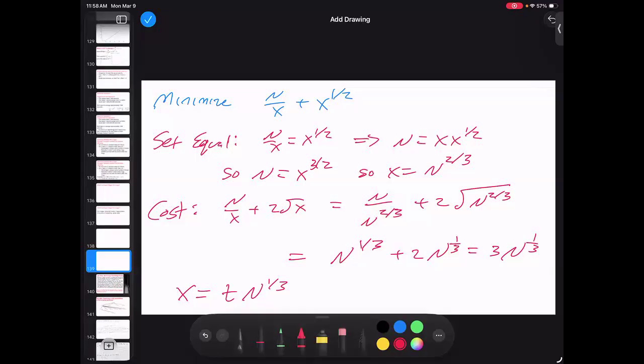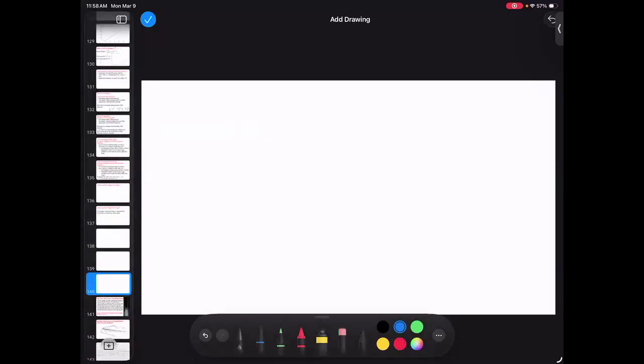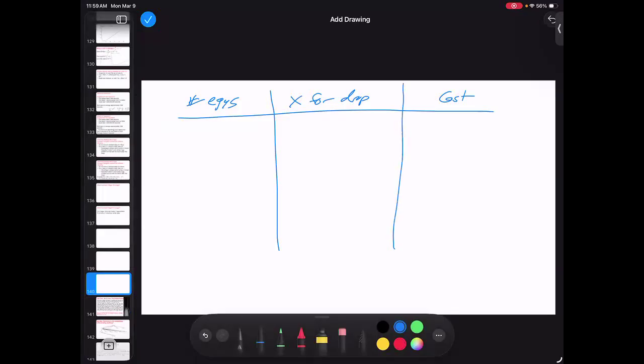And so I'm going to end with the following. Number of eggs, x for the drop, and then the cost. Gather data. When there's one egg, what is the x for the drops? We drop it every floor from the bottom up.